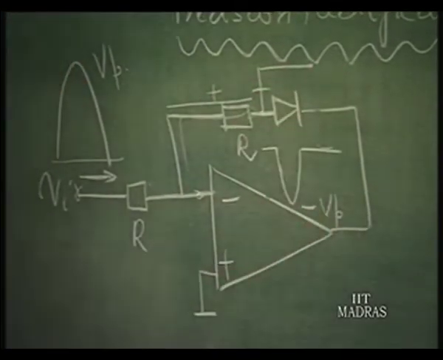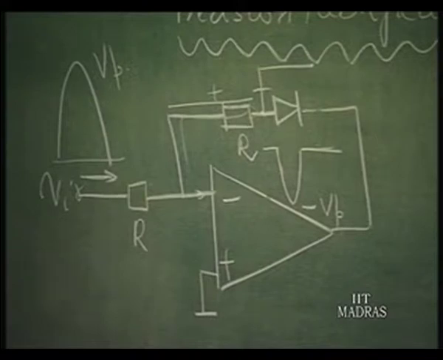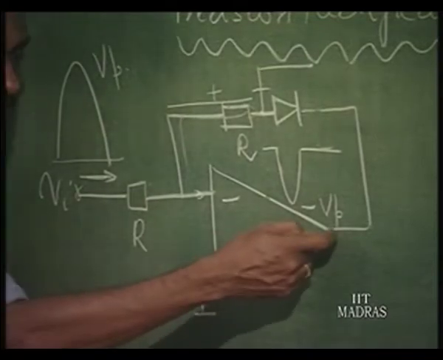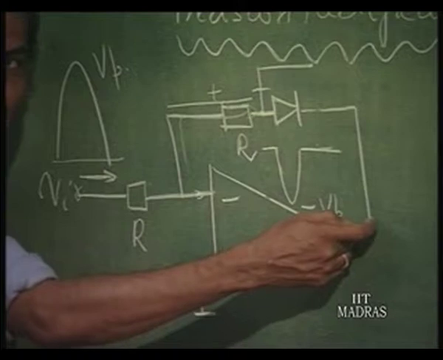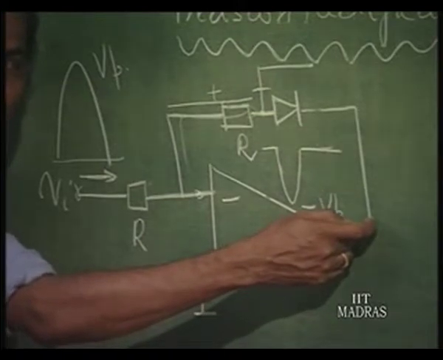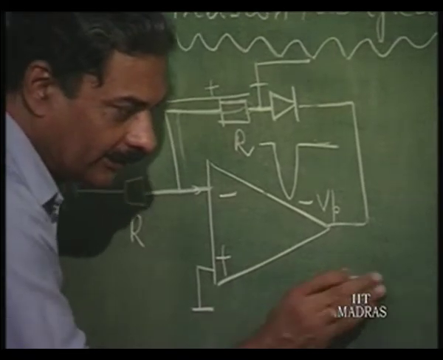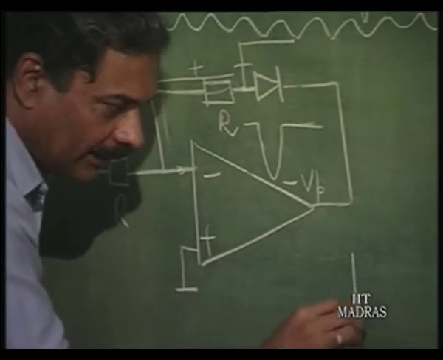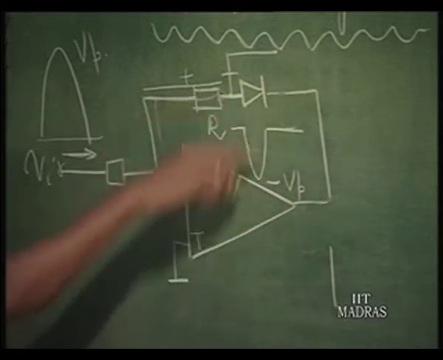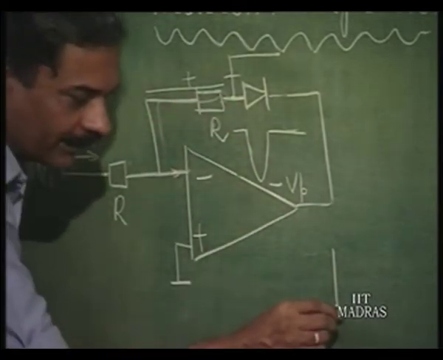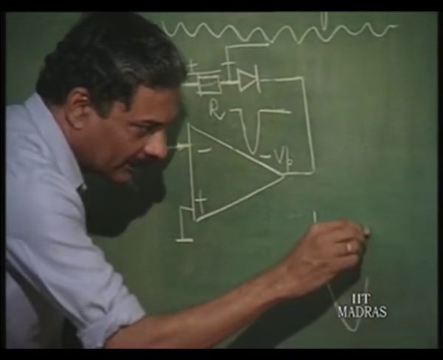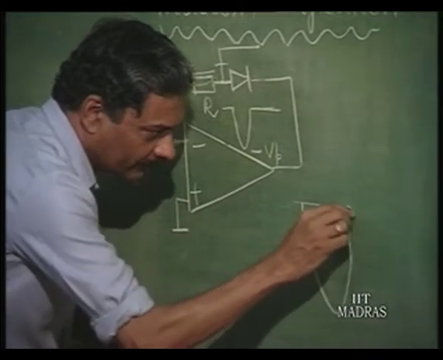Therefore, you should not take the voltage at the output of the op amp, because what will it show us? It will show us a jump initially at the 0 crossover, because this is going towards minus saturation. As soon as the V gamma is reached, this diode is going to conduct, and thereafter it will show this half of the waveform.